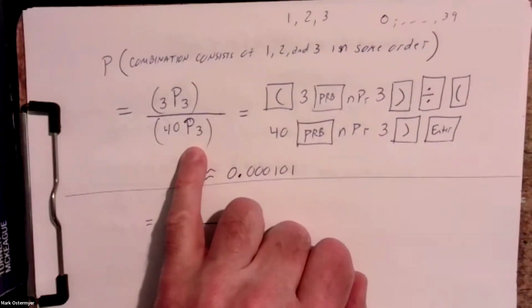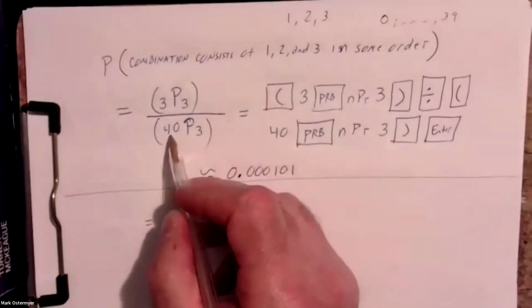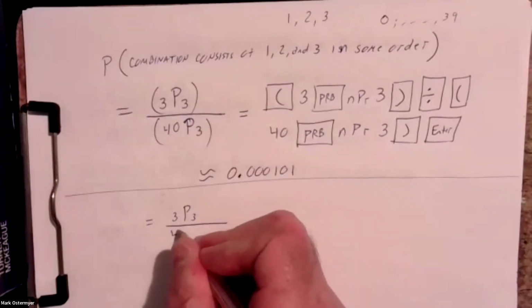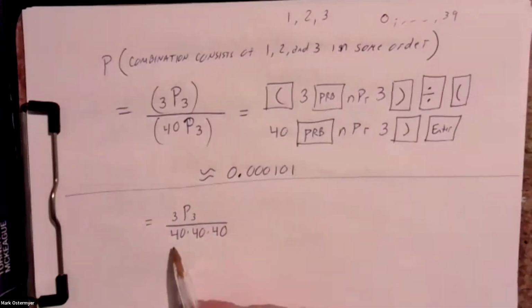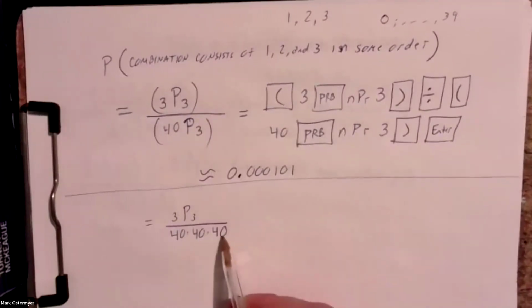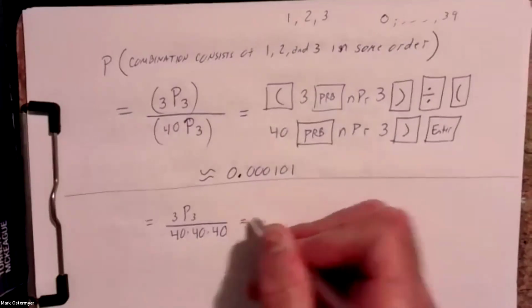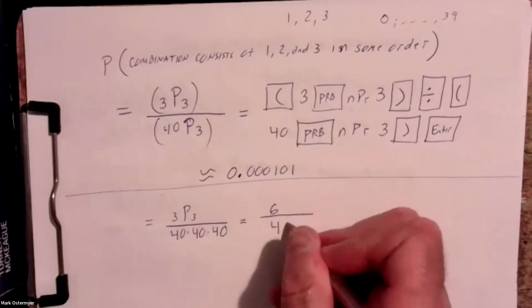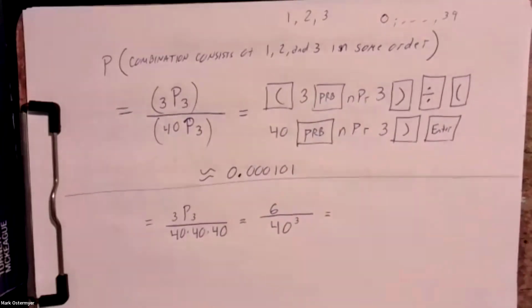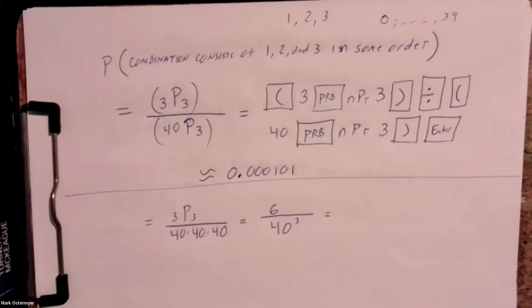But if digits can be repeated now, our denominator is going to go from being 40 permuted three ways to being 40 times 40 times 40. Because we have to form a three-number combination, we have 40 digits that can populate the first, second, and third number spots. So this is going to be 3 permuted three ways, which is 6, divided by 40 cubed. And so dial it up on your calculator, and does the probability become larger or smaller?